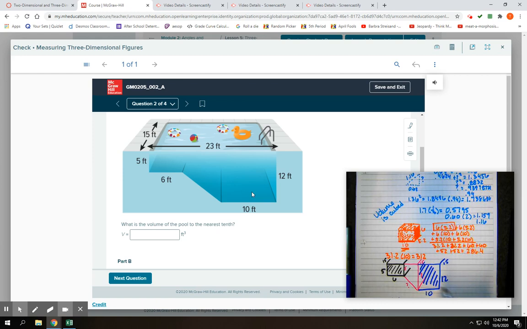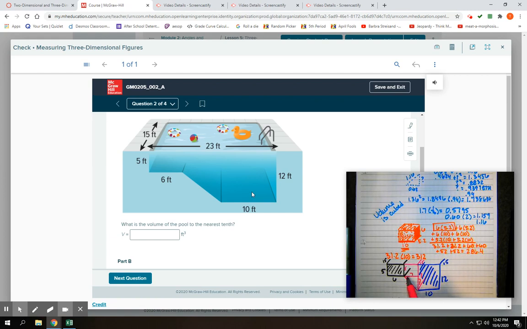Okay. And now we've actually got 2 shapes here, because we've got this square here that goes back, and we've got that triangle that goes back. So this is 5, this is 7, this is going to be, what is it, 23, so 23 minus 10 minus 6, so this is also 7.